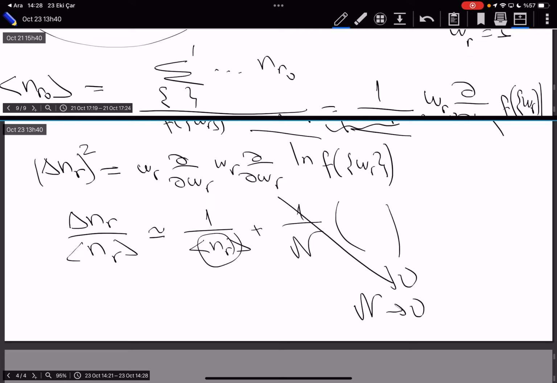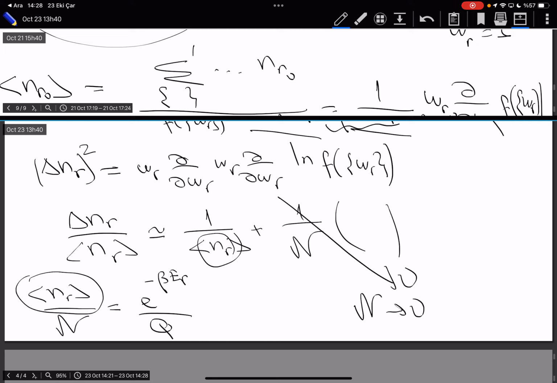Because you see, nr over n is e to the power minus beta er over the partition function. The right-hand side doesn't depend on n. So if you set n to infinity, so do the average values of nr.